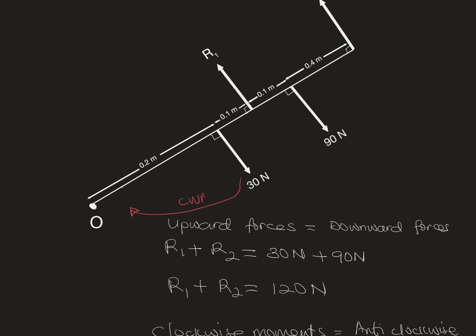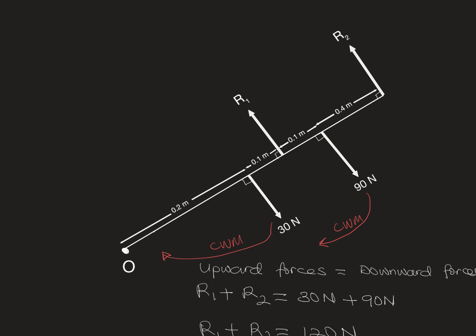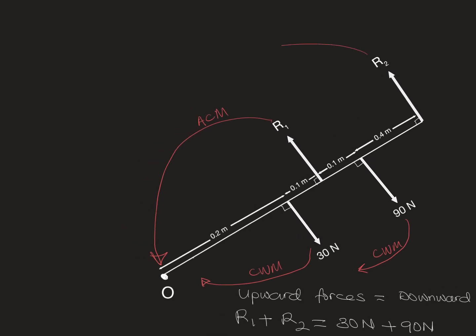So it's going to be a clockwise moment. The 90 Newton also will be a force that is going to act clockwise. So we have a clockwise moment for the 90 newtons. The R1 is going to act anti-clockwise. So that's an anti-clockwise moment. The R2 is also going to act anti-clockwise. So we have an anti-clockwise moment for R2.